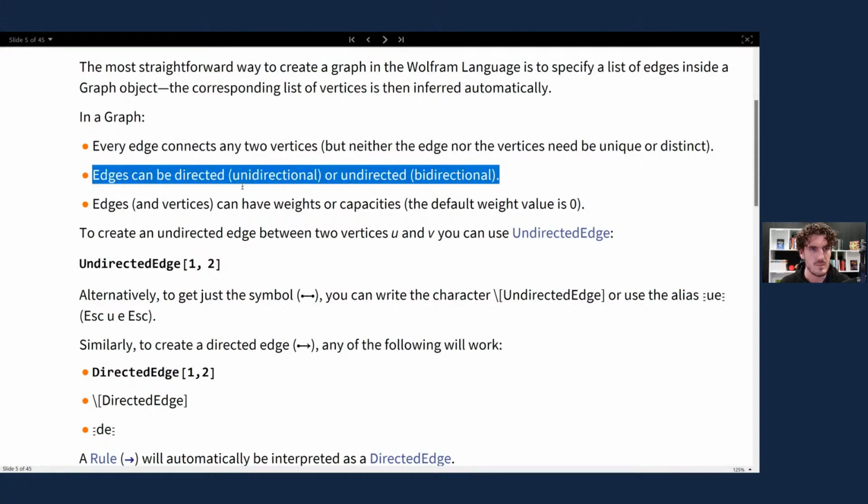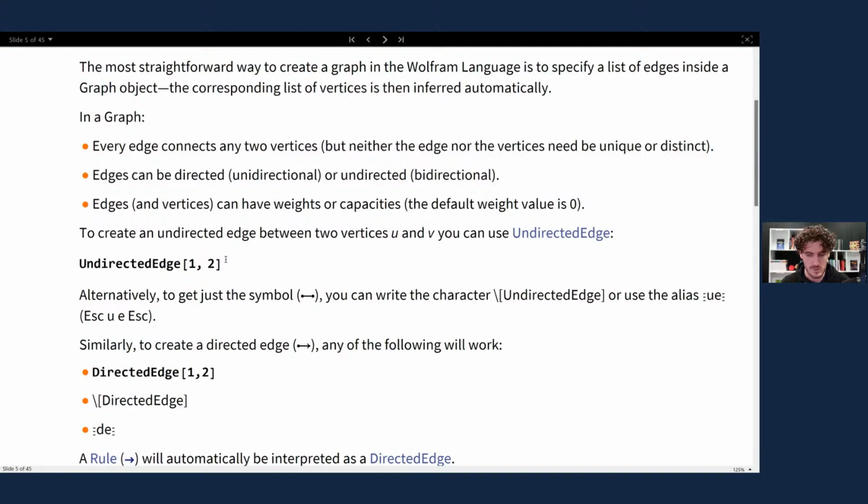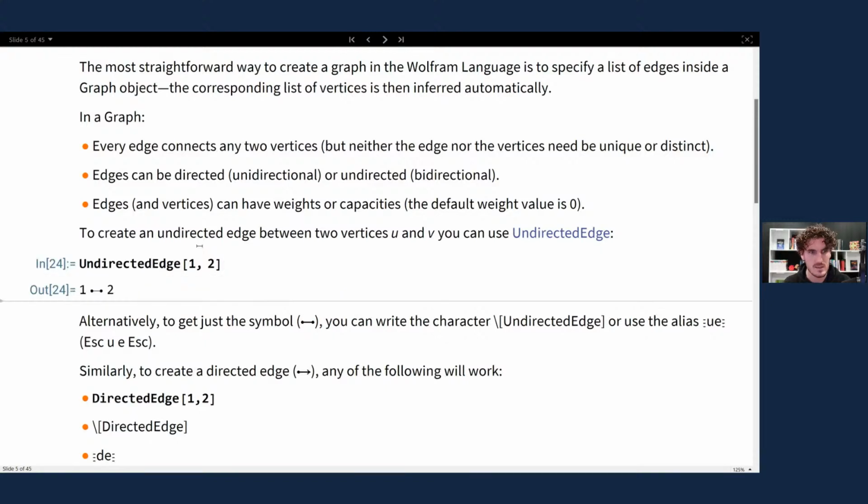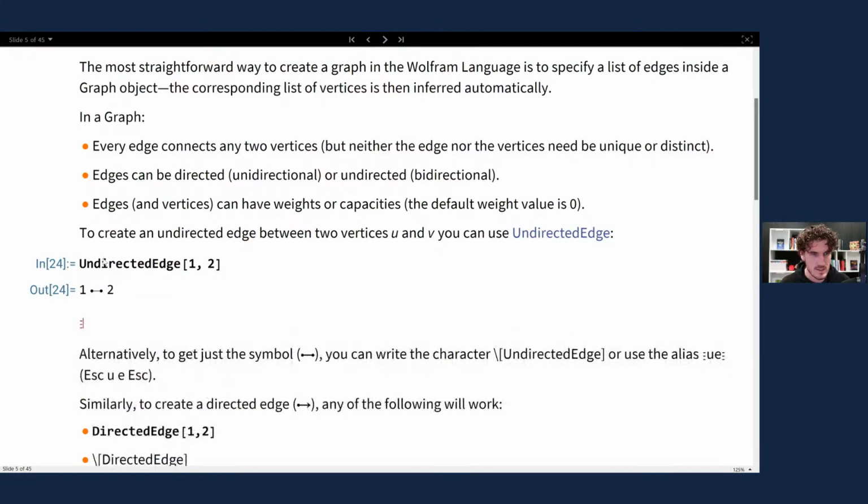I've mentioned how edges can be directed or undirected. This is how we specify an undirected edge. You can see there's some kind of styling here to make this connection an undirected one. Instead of using the somewhat long UndirectedEdge function, you can use escape UE escape, and you get the same symbol.